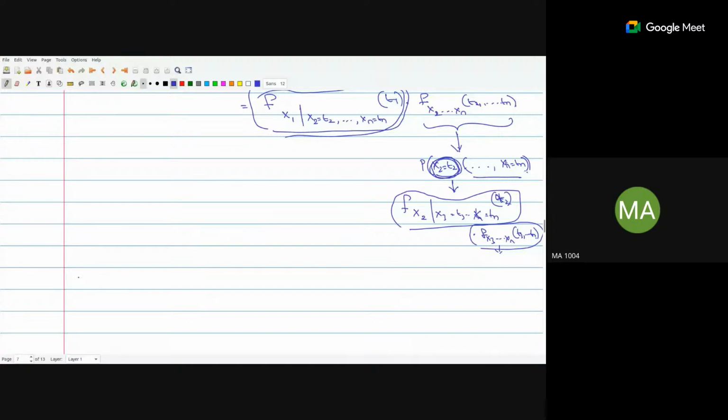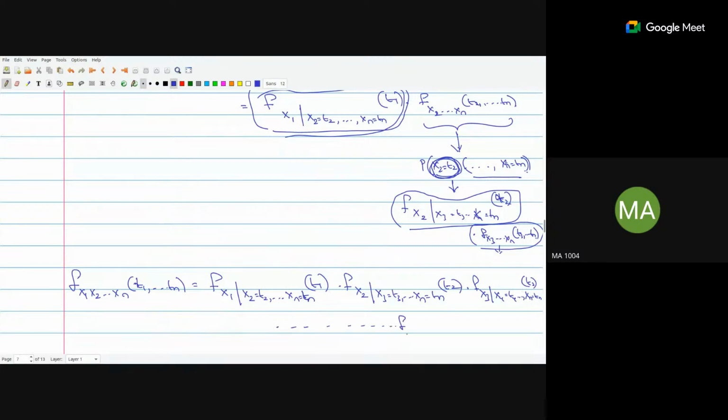Ultimately what you are going to get is, fx1 to xn of t1 to tn, I can write this as fx1 given x2 equal to t2 to xn equal to tn of t1, times fx2 conditioned on x3 to xn of t2, times fx3 conditioned on x4 to xn of t3, and so on.